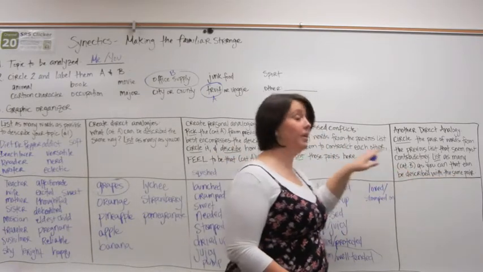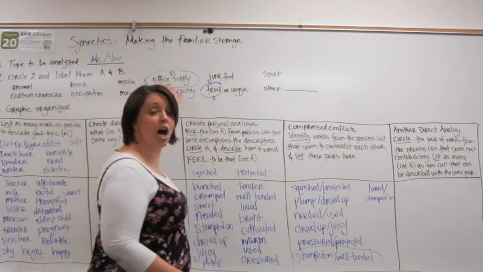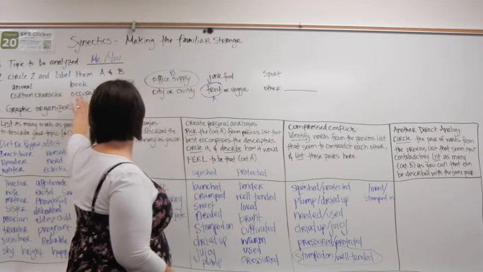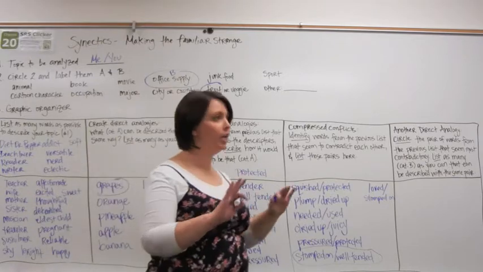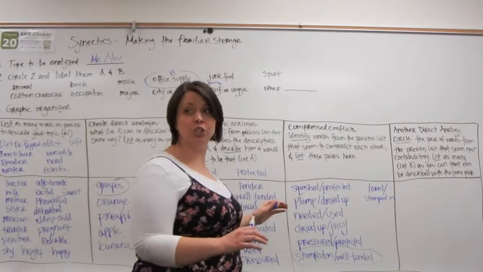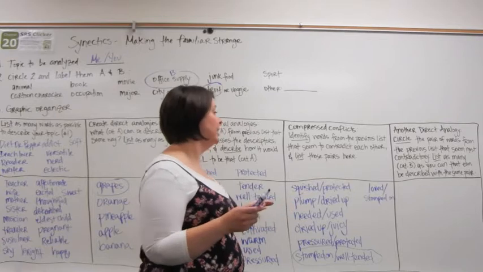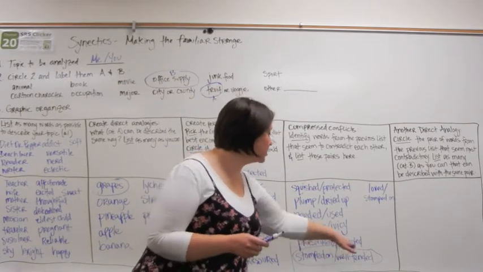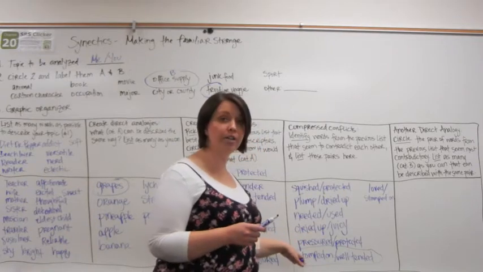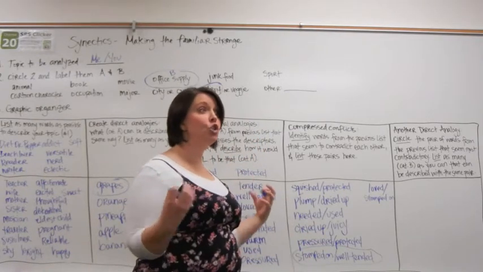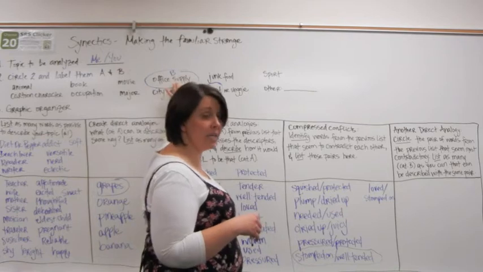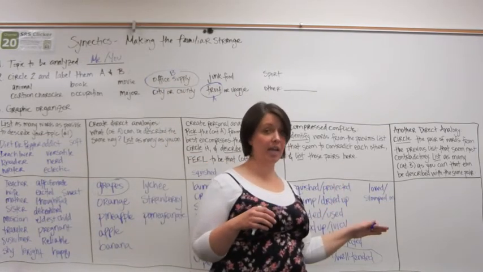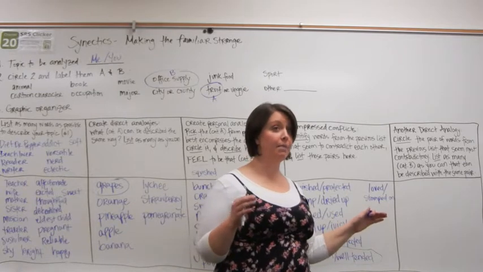So my category B, look back up here, was office supplies. Okay? Yours may be an occupation, a book, a major. It doesn't matter. You're just going to look at this list, or the terms that you circled here, and you're going to think about this new category, B, and list as many of those things as you can that could be described with that same pair.